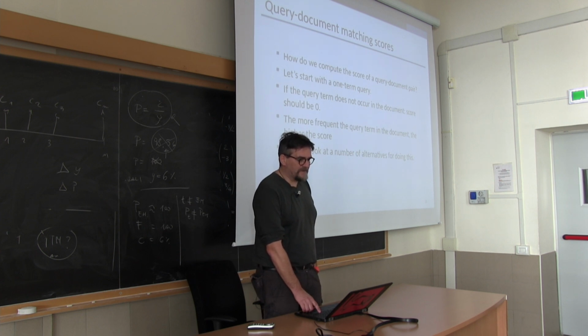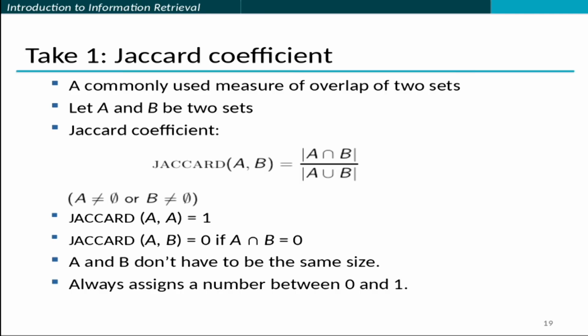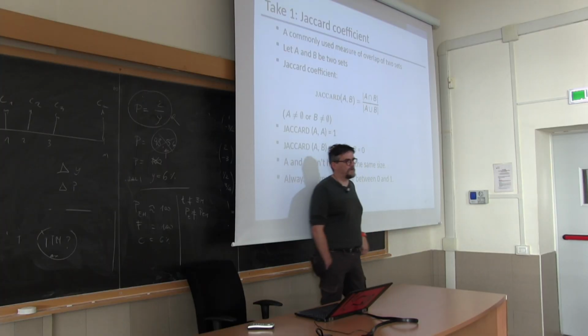So, assuming that a document and the query can be seen as two sets, one possibility is to measure the overlap between the two sets by the Jaccard coefficient. The Jaccard coefficient is defined as follows. Basically, you have the query and the document, and you take the intersection over the union.